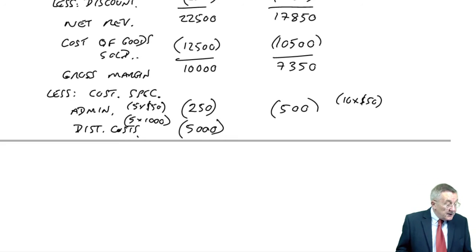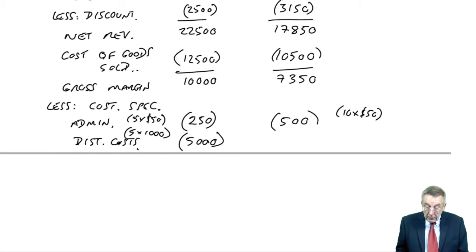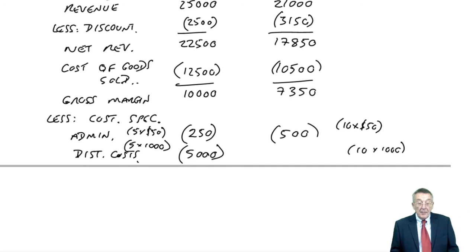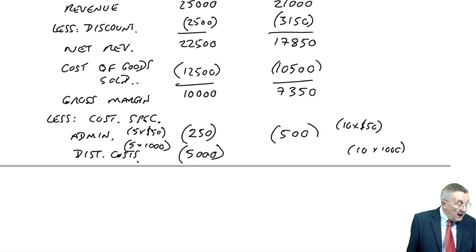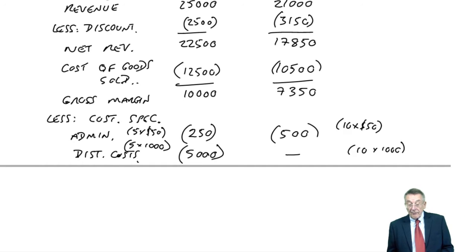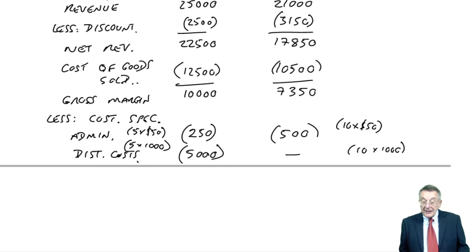As far as Sam's concerned, there are 10 orders at 1,000 each time, which would be 10,000. But remember, he gets the discount of 15% because they collect the shoes and there aren't any distribution costs. So that discount is very worthwhile: a discount of 3,150 to save ourselves 10,000.